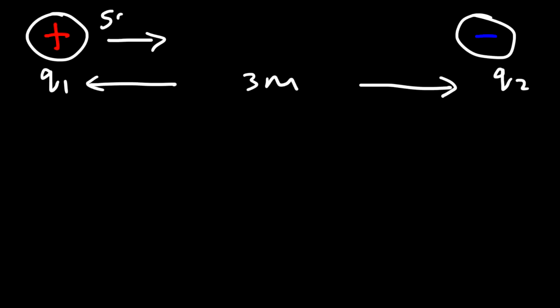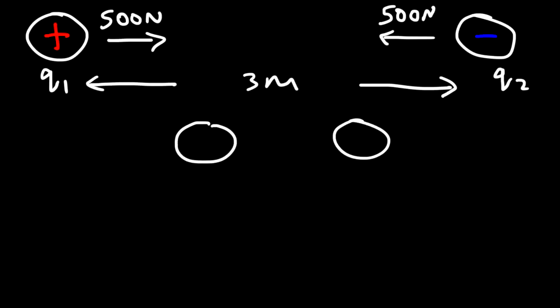Now let's say we have a positive charge and a negative charge separated from each other by a distance of 3 meters. We'll call this Q1 and Q2. Now let's say the force acting on each charge is 500 newtons. So what's going to happen to the forces acting on those charges if we bring the charges closer to each other?